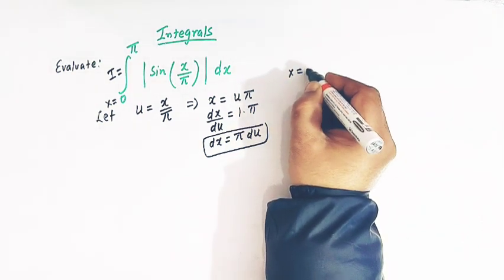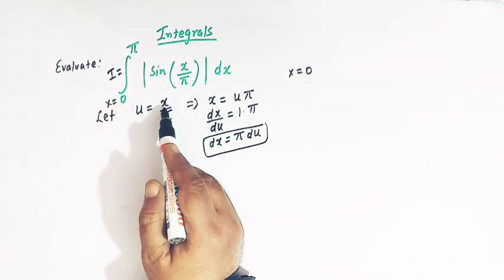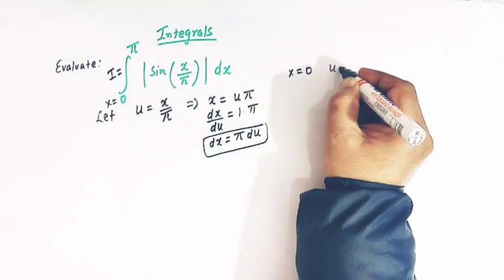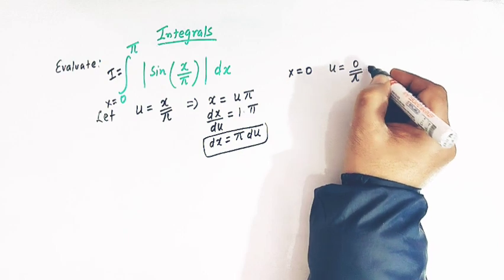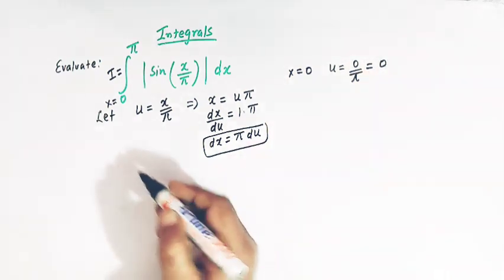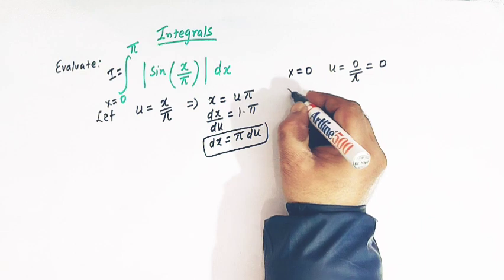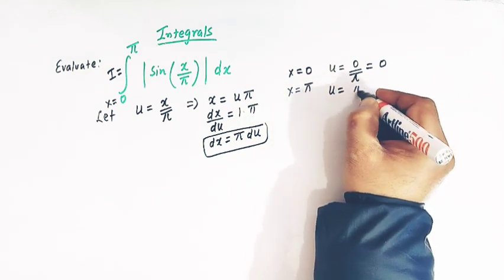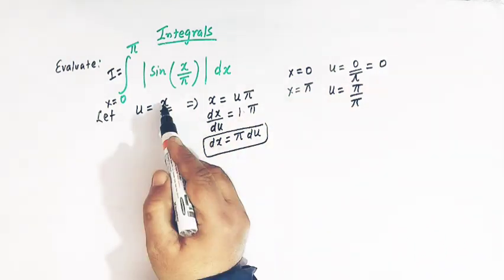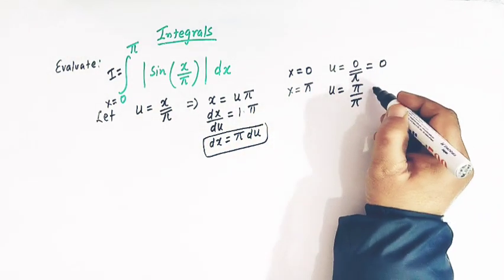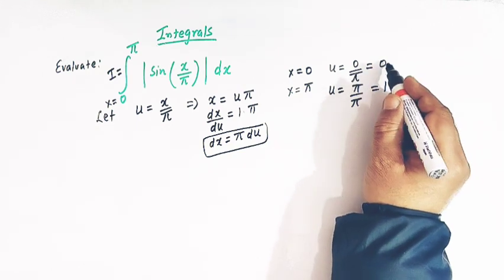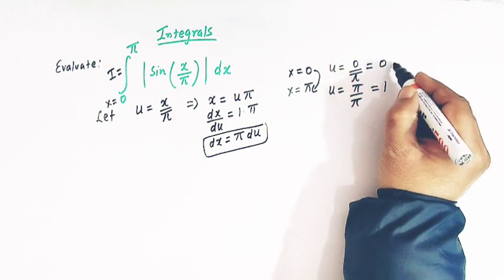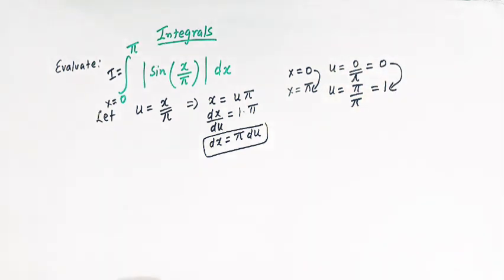When x is 0, then u is equal to 0 over pi, that is equal to 0. And the upper limit is x equal to pi, so u is pi over pi, which is 1. Pi and pi get cancelled. So when x varies from 0 to pi, then u goes from 0 to 1.